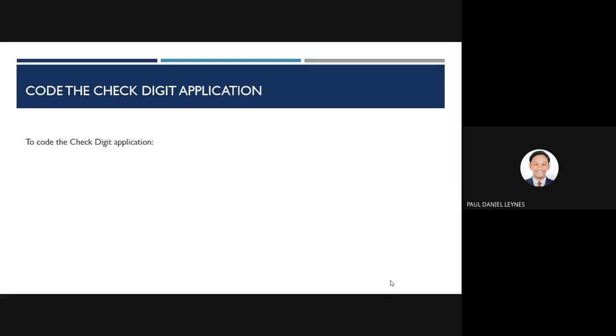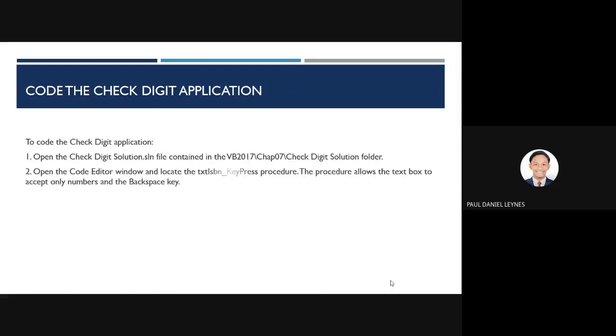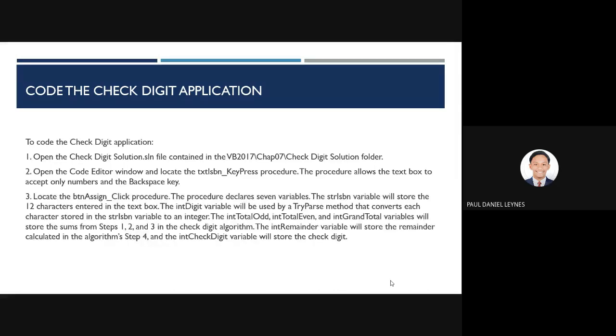To code the check digit application, open the check digit application. Then open the code editor window and locate the txtISBN_KeyPress procedure. The procedure allows the text box to accept only numbers and the backspace key. Locate the btnAssign_Click procedure. The procedure declares 7 variables. The strISBN variable will store the 12 characters entered in the text box.